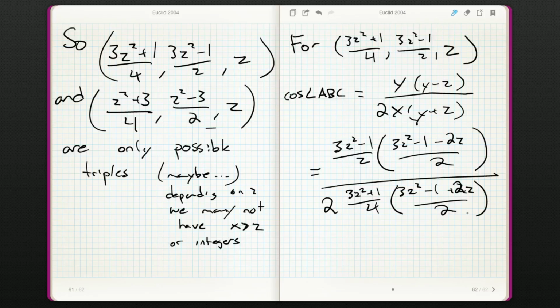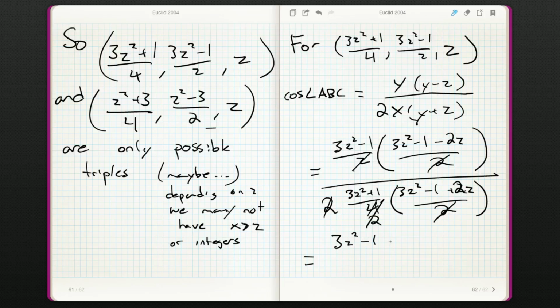I feel like the 2 and that 2 will cancel out, and then these 4s will cancel out. So we'll be left with something that I'm sure is meaningful.